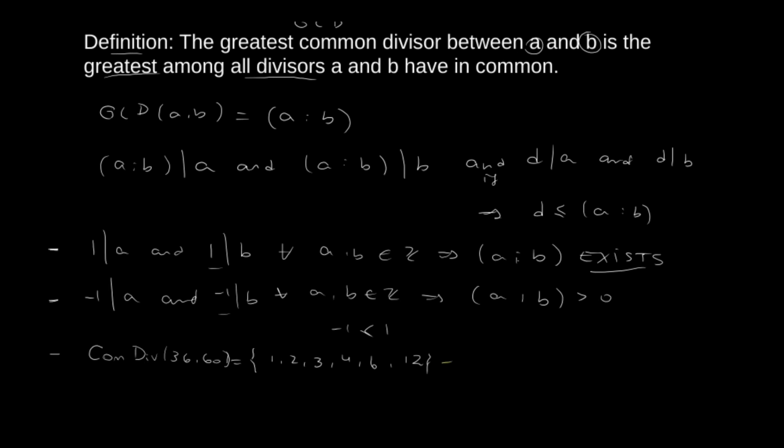This is the list of all the divisors 36 and 60 have in common. So with this list, what we can conclude is that the greatest common divisor between 36 and 60 is 12, because it's the greatest among all the numbers in this list.